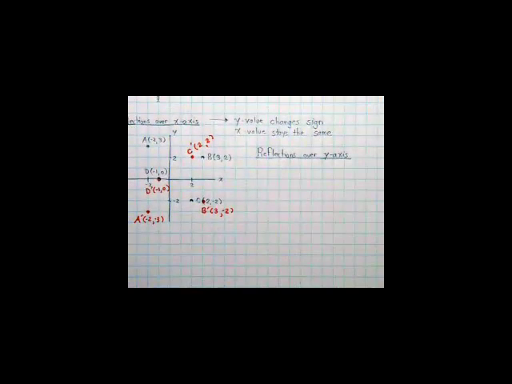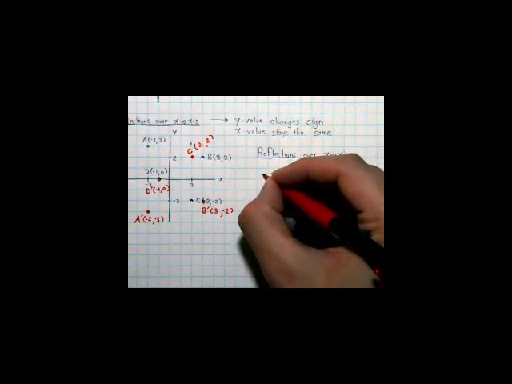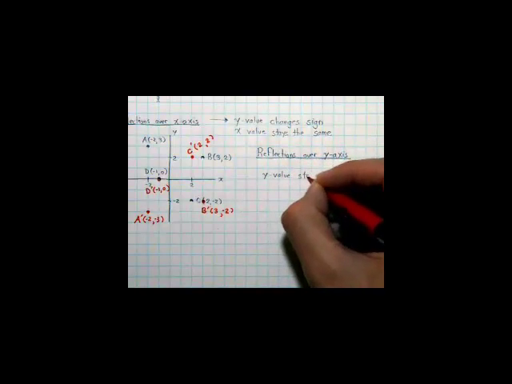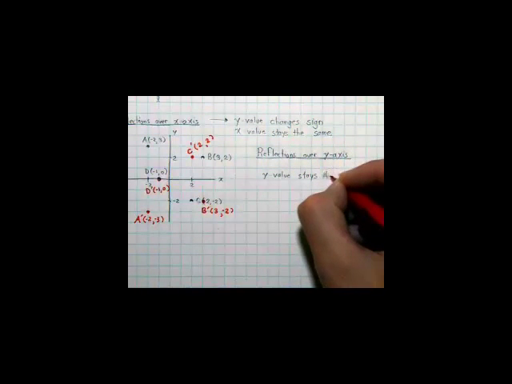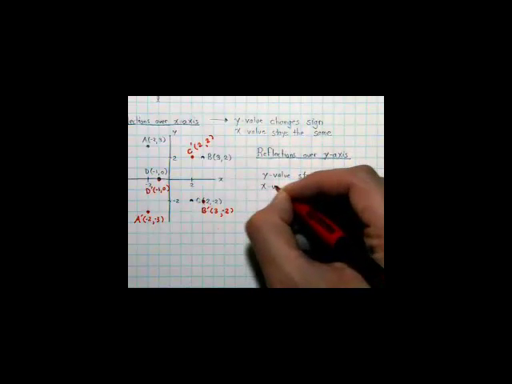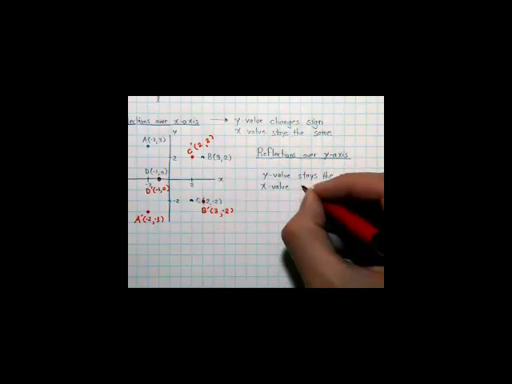All right, so if we're looking at a reflection over the y-axis, the y value stays the same. And the x value changes sign.